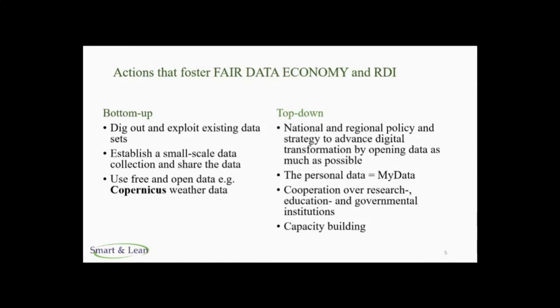It's must do. You have to do that anyways. There is no options. You can use existing data, or you can collect your data yourself. Or you can use free and open data, for example, Copernicus, of which we are going to hear more today. This is sort of bottom up.